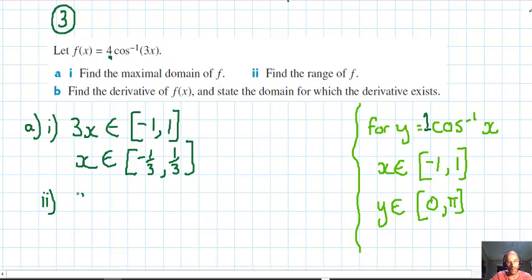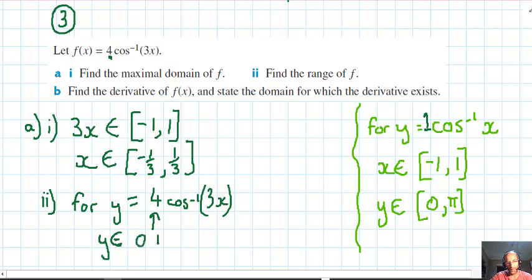So for y equals 4 inverse cos 3x, we have y is an element of 0 through to 4 pi. So there's the range corresponding to the maximal domain.